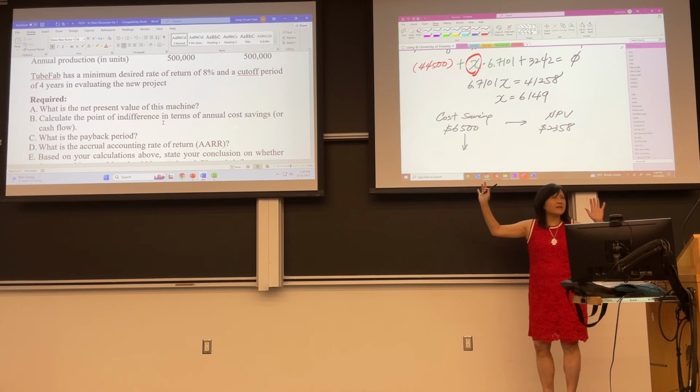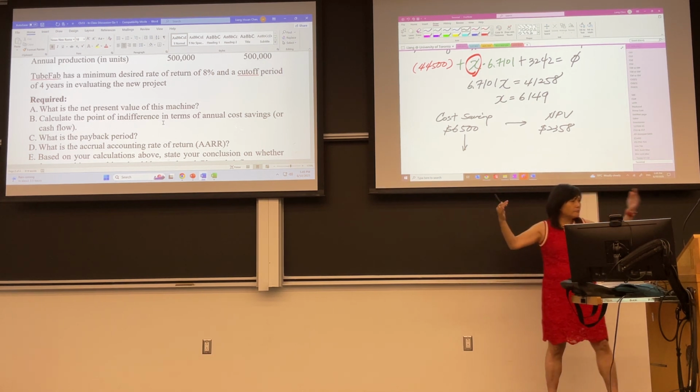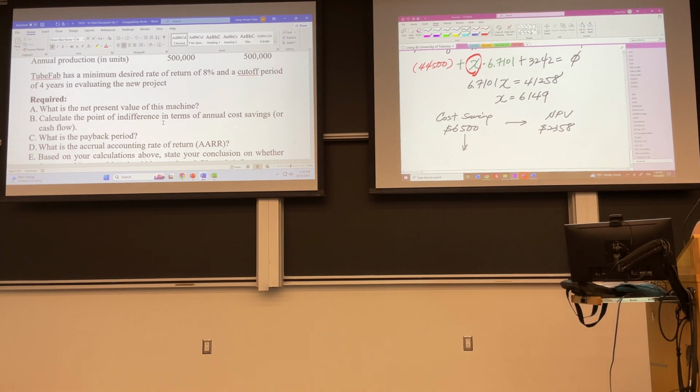You can make a mistake. Maybe did not reach your objective. At 6149, your net present value equals 0. So how much room can you be off? You can be off $351. Not much room. You can be wrong. Okay? So this is called margin of safety, sensitivity analysis. So remember in cost accounting, we keep talking about margin of safety.